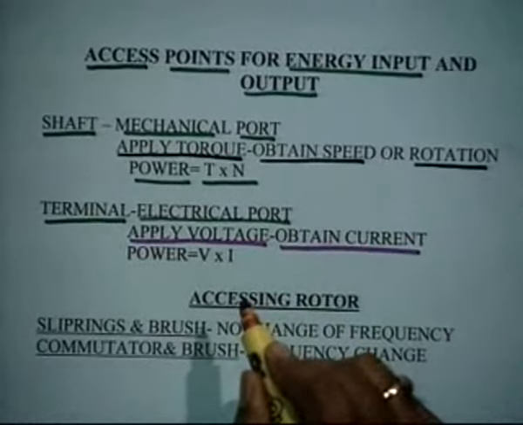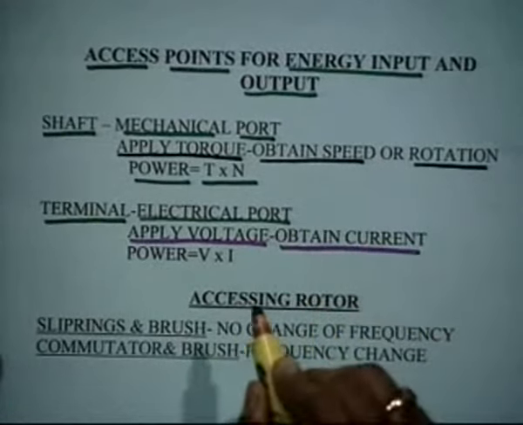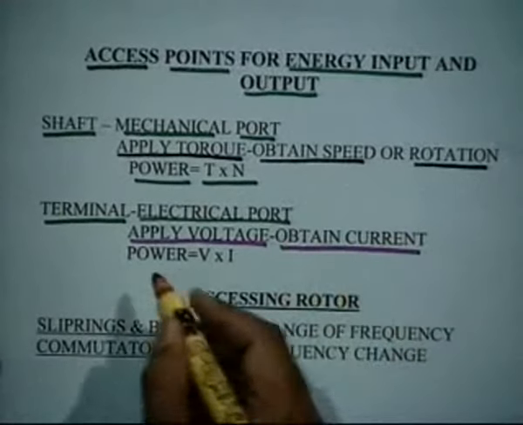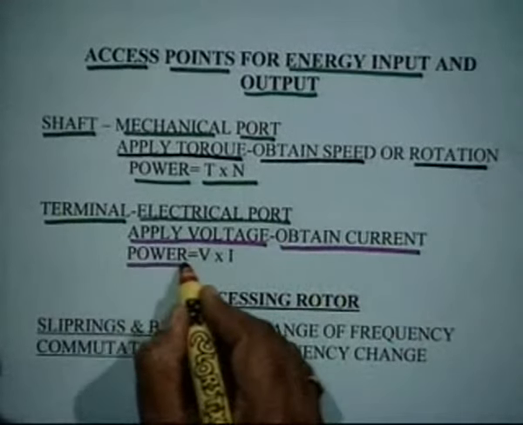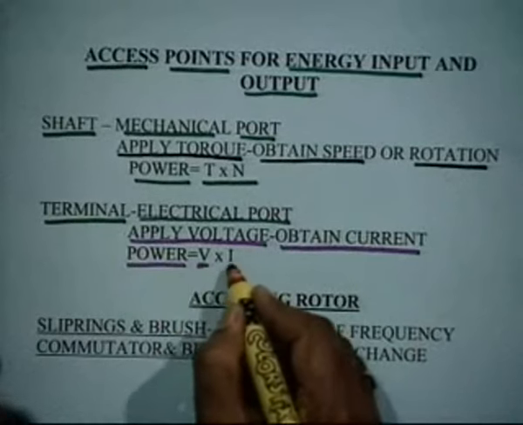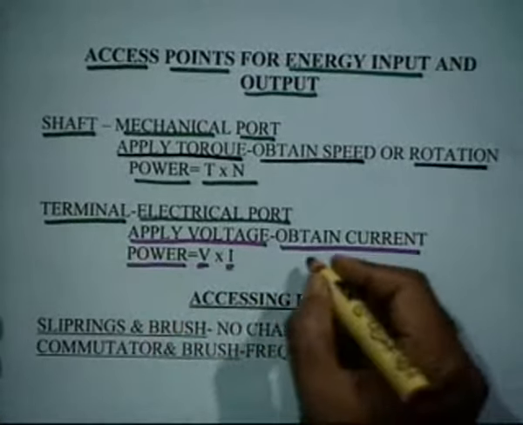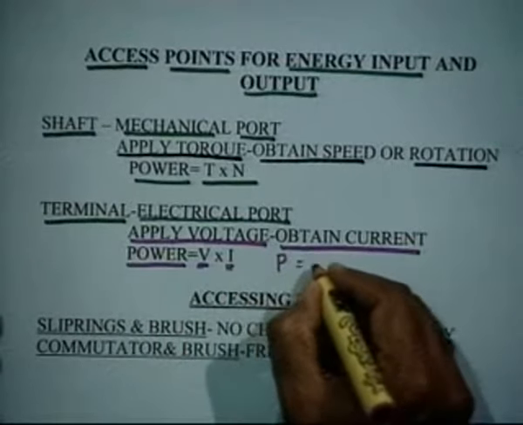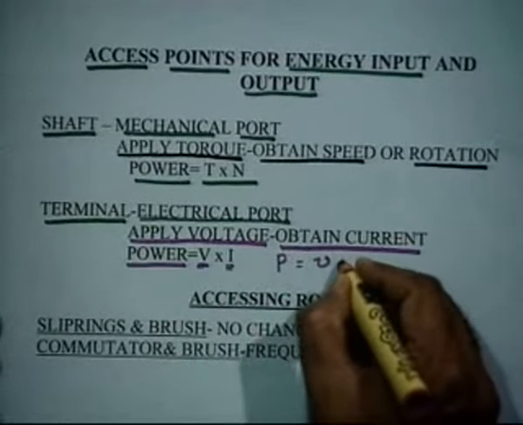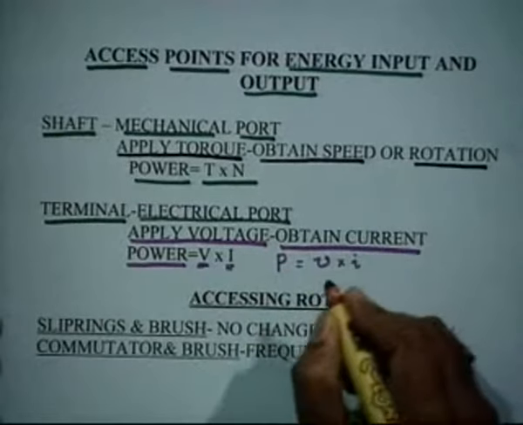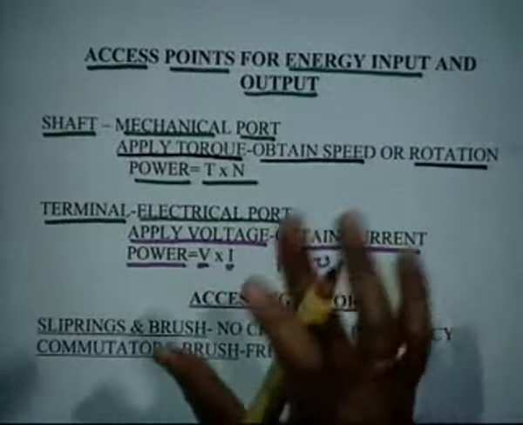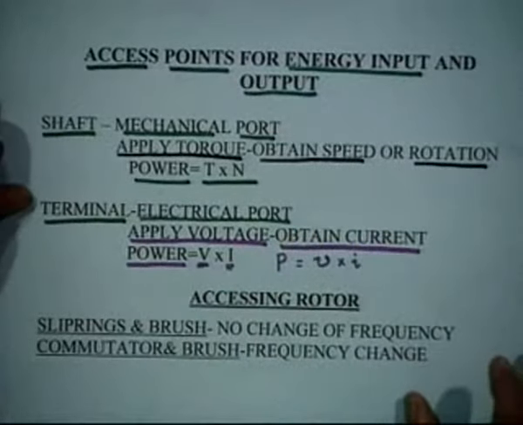If you apply a voltage from the source, you obtain a current. Now again the power at any instant is given by whatever voltage you applied and whatever current you have. So the instantaneous power P is the voltage at that instant into the current at that instant. So this is what we have as access points.